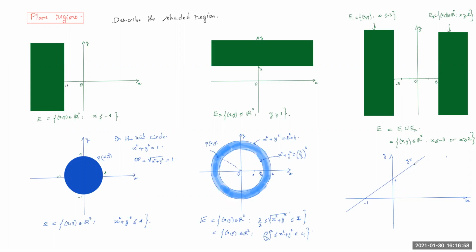At x = -1, it's 0. At x = 0, it's 1. So this is my line. And suppose I want the shaded part, the following part below my line. All the region below the line.